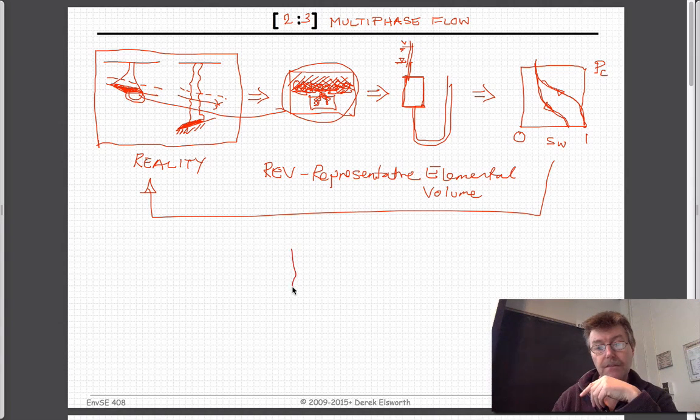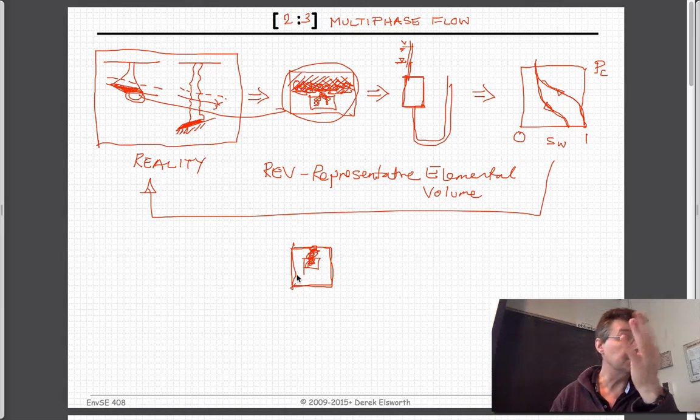So if you have this core and it has one slither of fluid in it, that's this red fluid, then if you take a representative elemental volume that just includes this red stuff, it's not really representative. If you take one that's this, then, well, it's still 50-50, where in reality, if you take one that is more representative of the real behavior, it gives you the appropriate relative saturations of the two fluids.